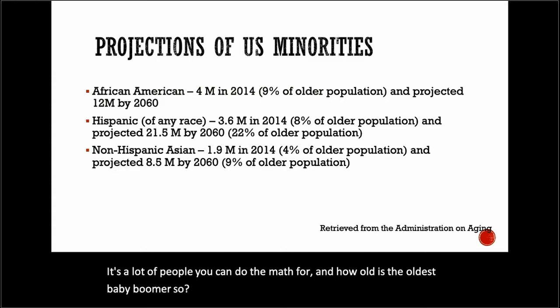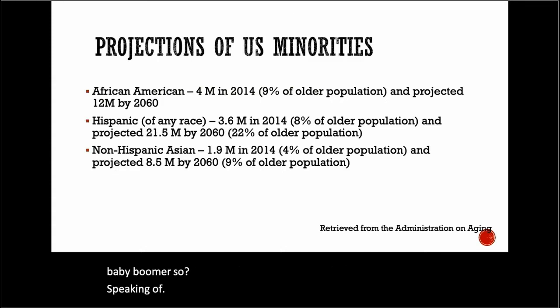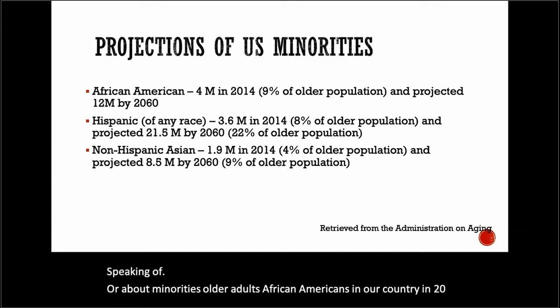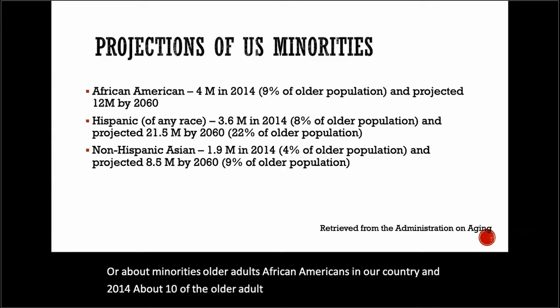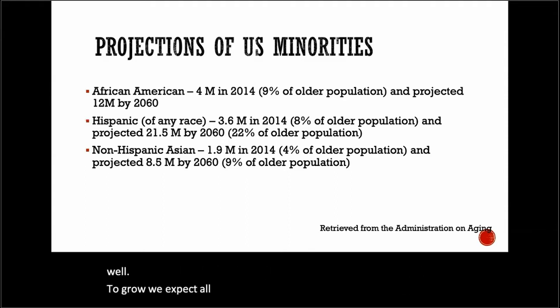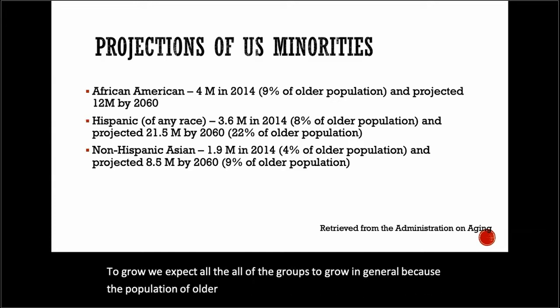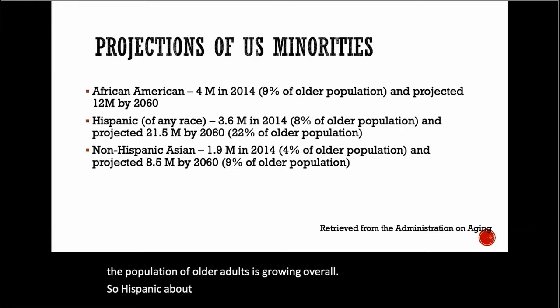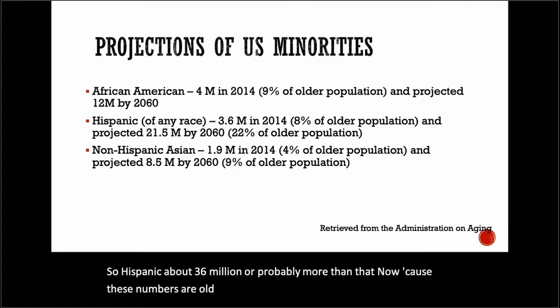Speaking of minorities who are older adults, African Americans in our country in 2014 were about 10% of the older adult population, but we expect that to grow as well. We expect all of the racial groups to grow in general because the population of older adults is growing overall. Hispanic, about 3.6 million, it's probably more than that now because these numbers are old, but I'm trying to keep these updated, but it's still a little bit of old data from the government.